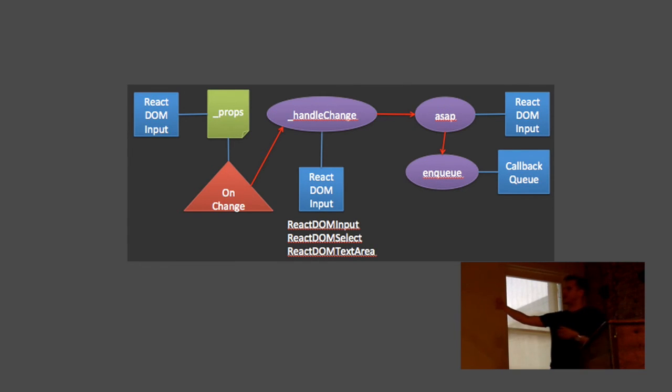So for these main three, the React DOM input, select, and text area, it actually will inject props onto that and see if it's changed or not, and add an event listener for on change. And it tries to do this ASAP enqueuing, which basically means force update this irrespective of a matching process, with this callback queue, which is kind of magical, that I didn't get a chance to fully dive into. So sometimes prop changes are automatic, I think.